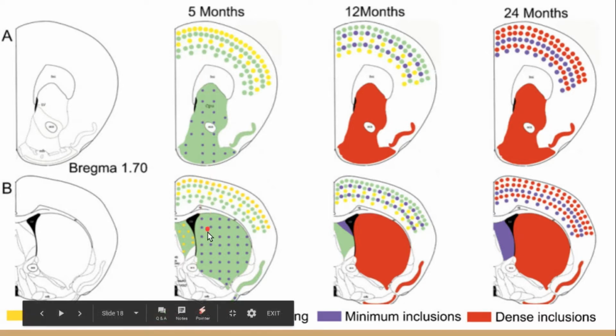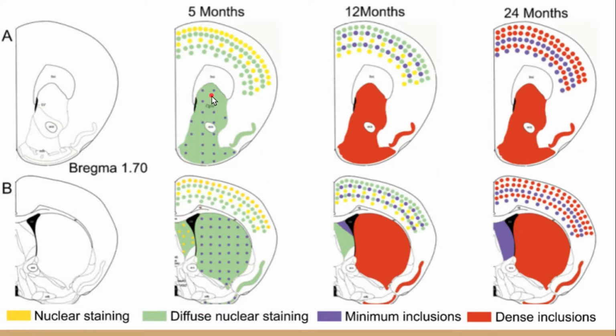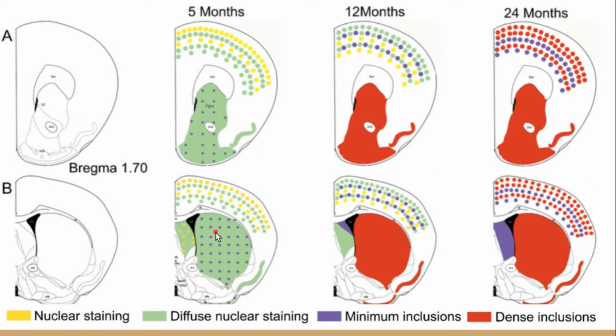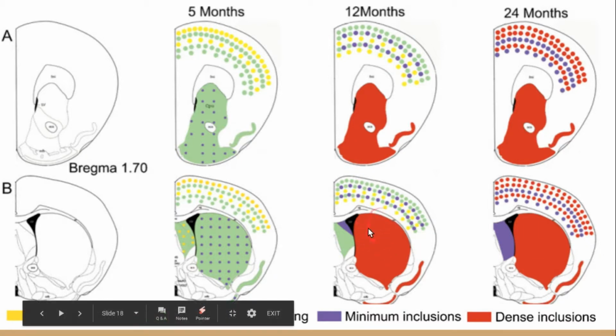At 5 months of age, mice show diffuse nuclear staining of Huntingtin aggregates in the striatum. So there's diffuse Huntingtin staining, with minimal inclusions in the striatum at 5 months of age, and a similar phenomenon occurring in the cortex. By 12 months, the striatum has rapidly progressed to dense, insoluble aggregates.